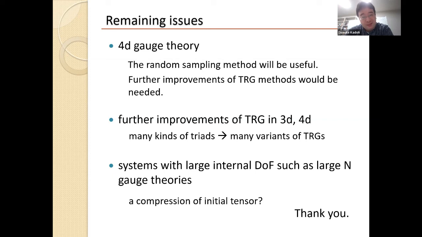In the weak coupling region, some improvement of random sampling will be important. But basically, the random sampling method with some improvement will be useful to study 4D gauge theory using the TRG method.